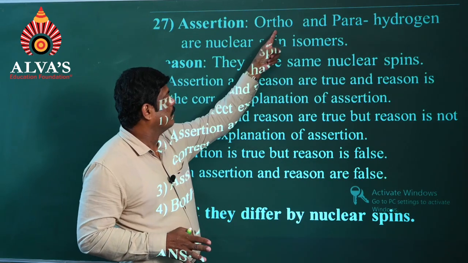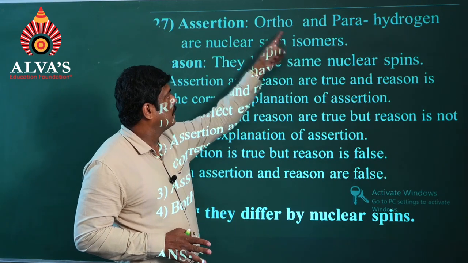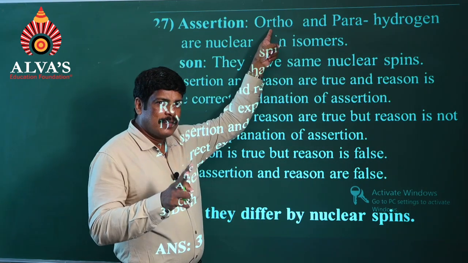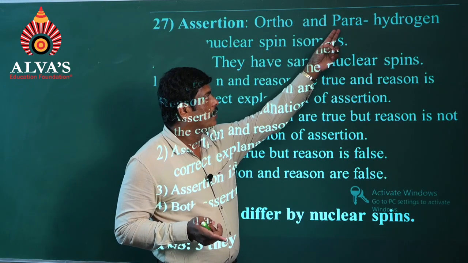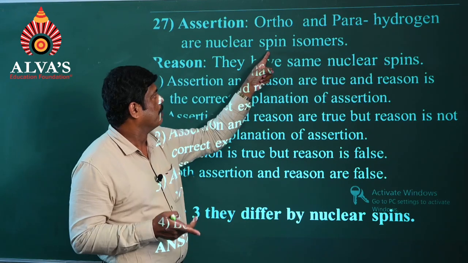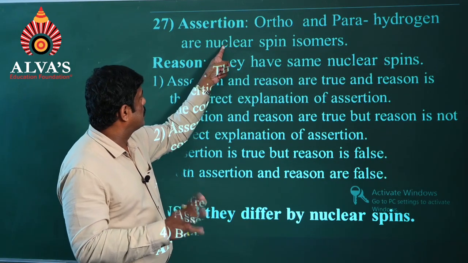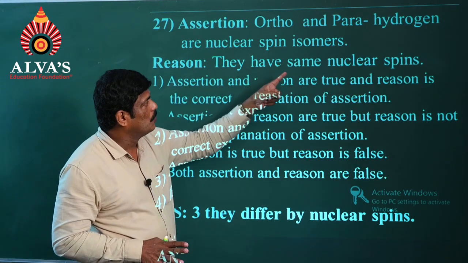That is the correct option: ortho and para hydrogens are nuclear spin isomers. In ortho hydrogen, the spins of the protons are in the same direction, whereas in para hydrogen, the spins of the protons in the nucleus are in opposite directions. So the assertion is correct. Now coming to the reason, they have the same nuclear spins.